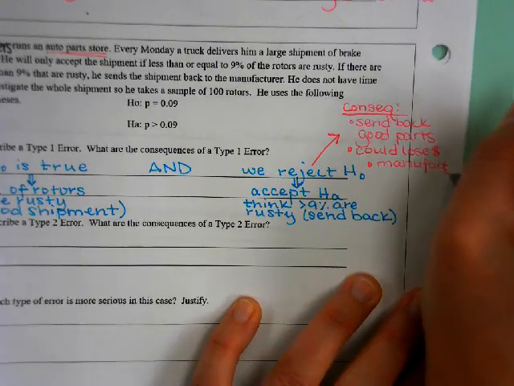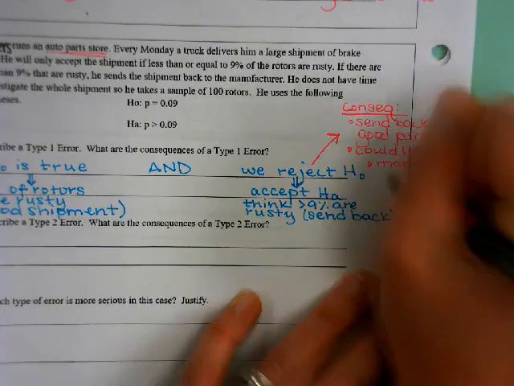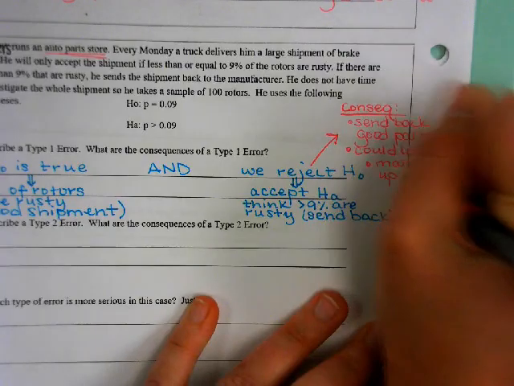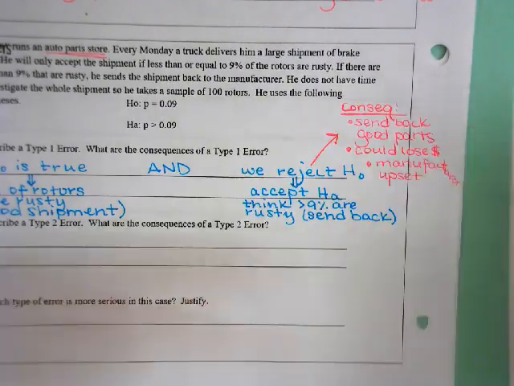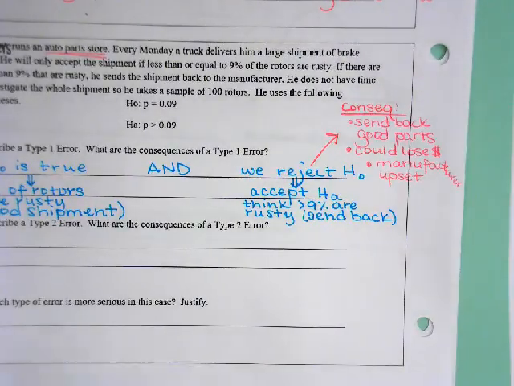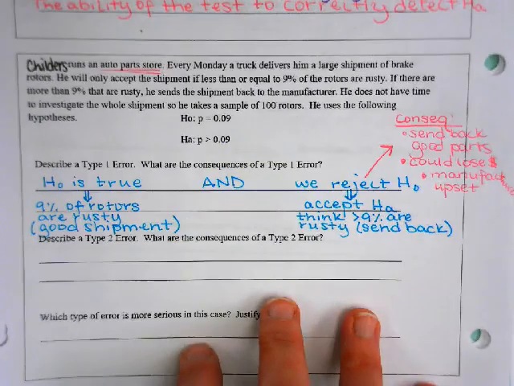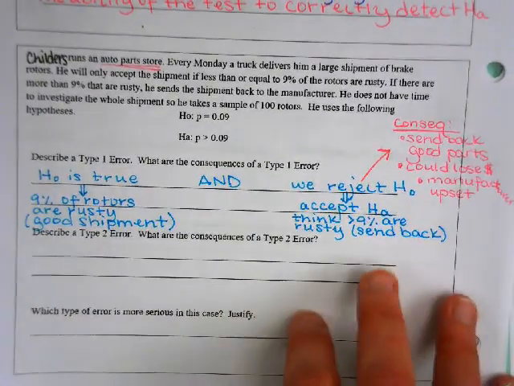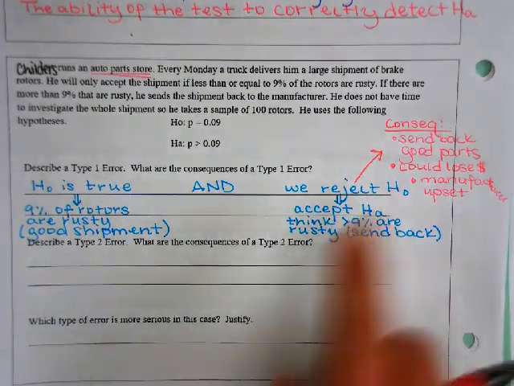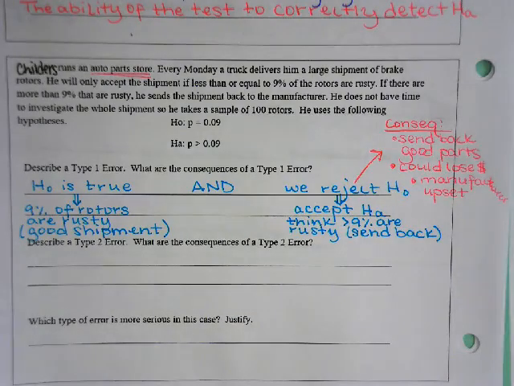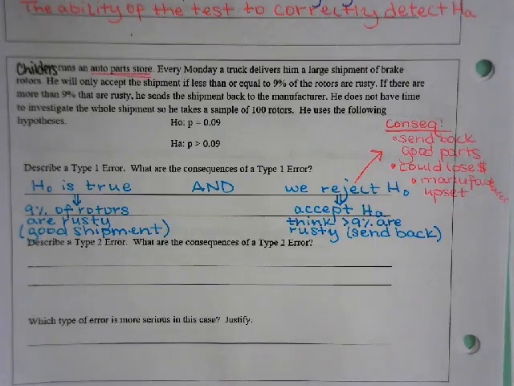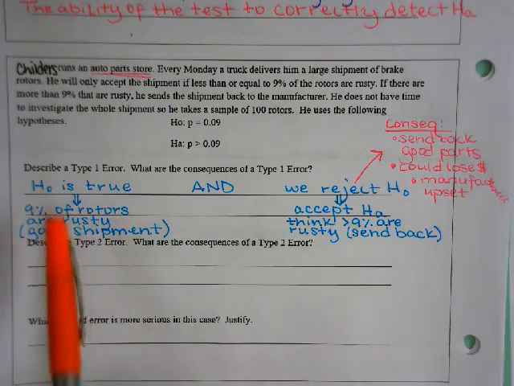I'm sure there are others. These were just the 3 that I could think of when I was doing this problem ahead of time. Any questions? Alright, so that's a type 1 error in this situation and some possible consequences.